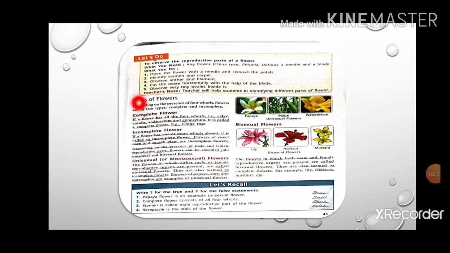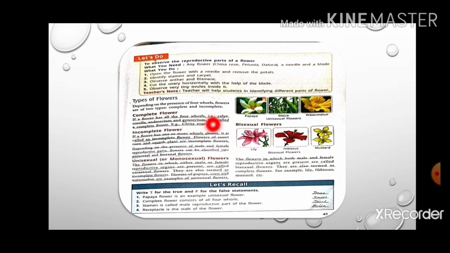Now the next topic is types of flowers. A flower can be complete or incomplete based on the number of whorls present in it. Complete flowers are the flowers which possess all the 4 whorls.